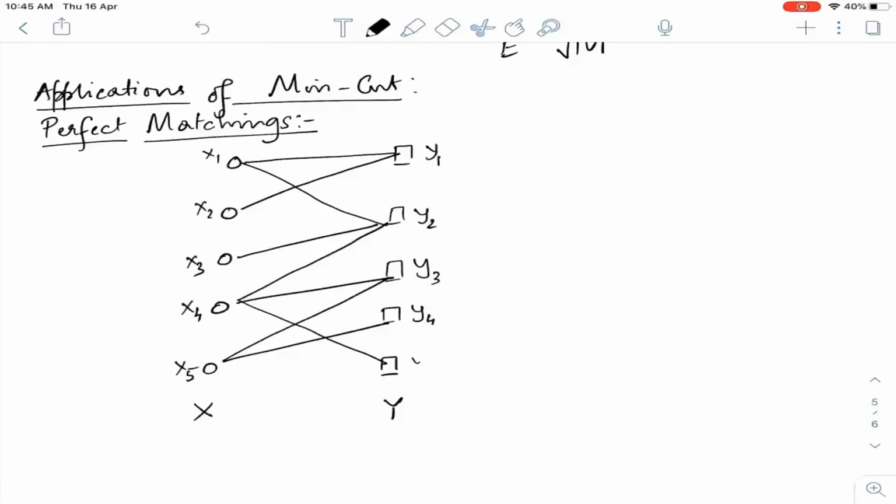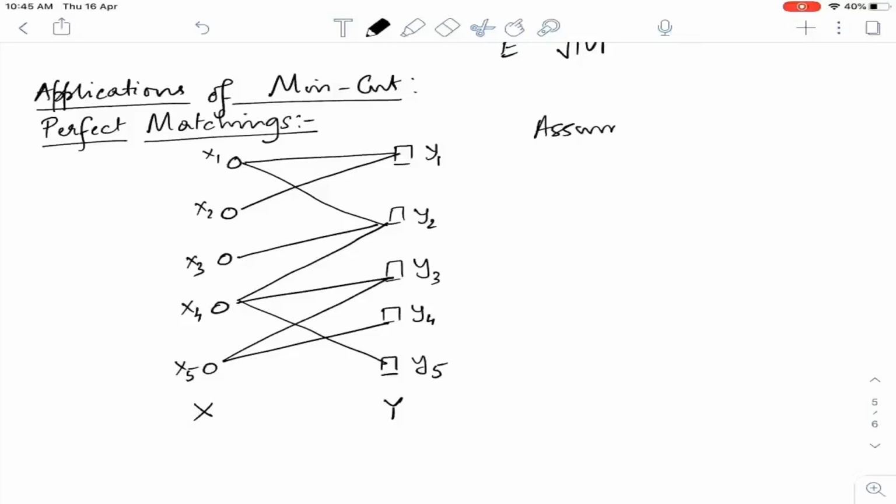So again, I have a bipartite graph, and I want to find a perfect matching. I'm assuming here that mod X equals mod Y, and let's say this number is n. Suppose that both sides have the same number of vertices.